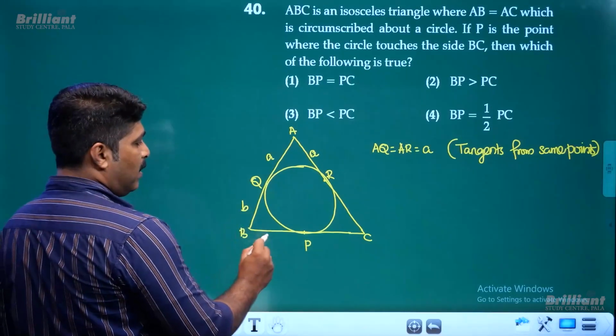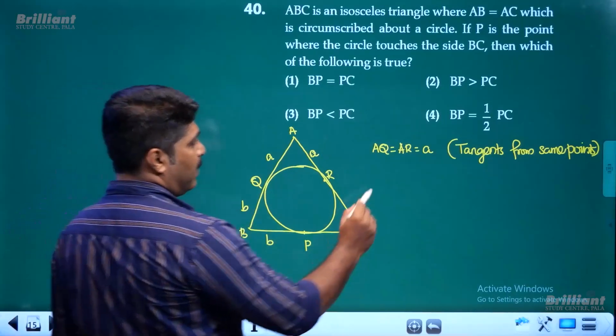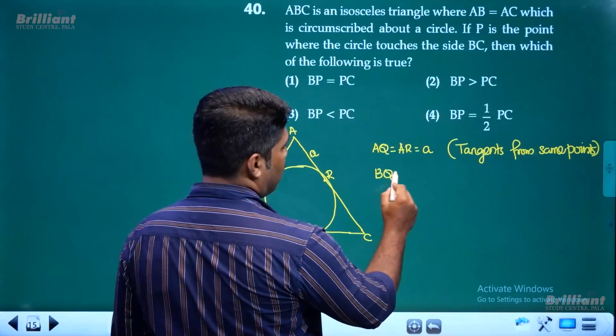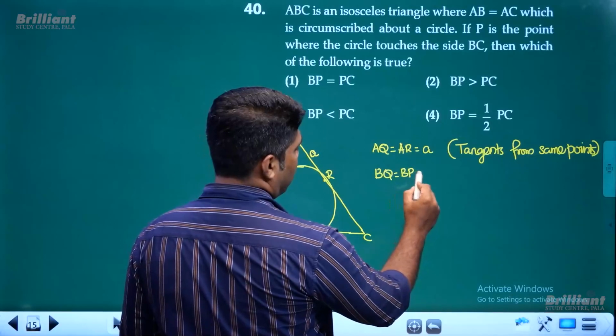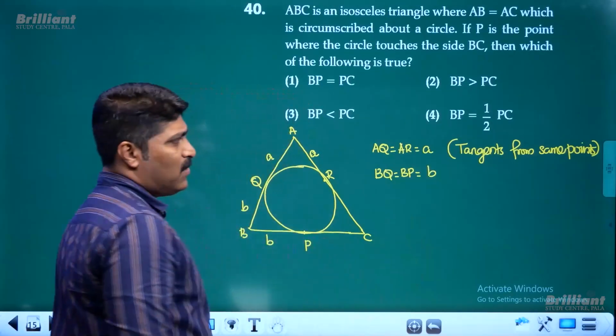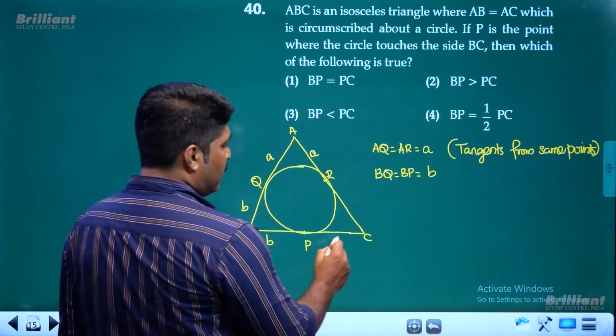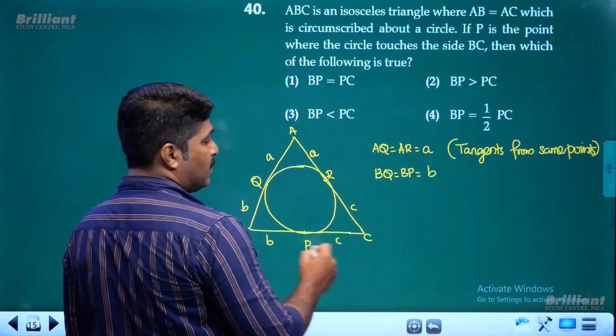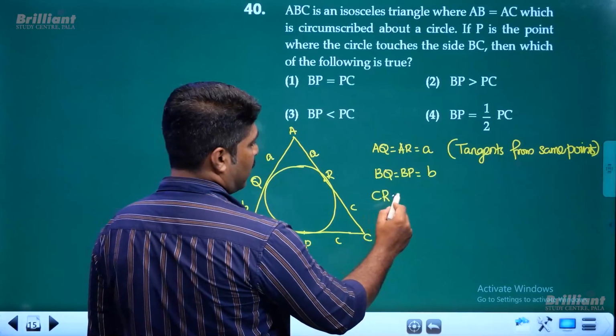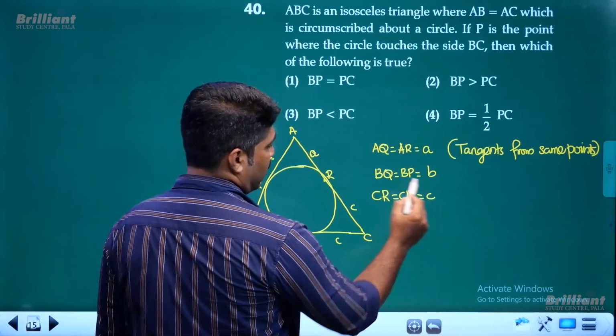Suppose this is B, that is BQ equal to BP. I just named that as B. That's also the same reason: tangents from the same outside point B. And these two lengths CR and CP, we just consider CR equal to CP equal to C.